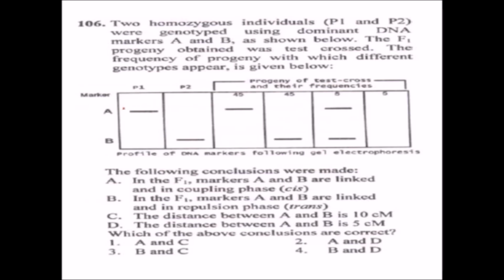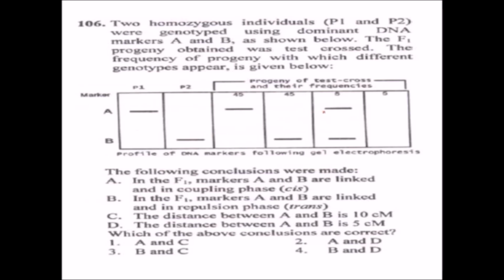For the A gene, it is present only in P1, and for B it is present only in P2, which proves that if they were in the same sequence, it would be in the cis form. But as these are on opposite sides, this is the trans form.